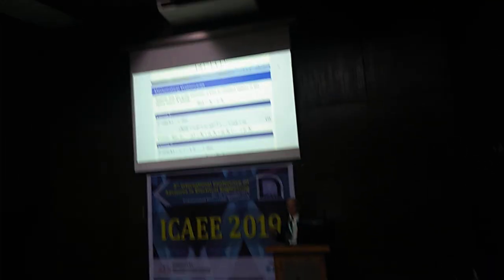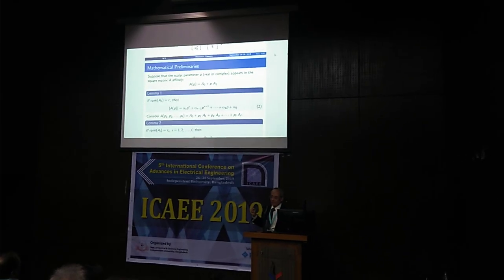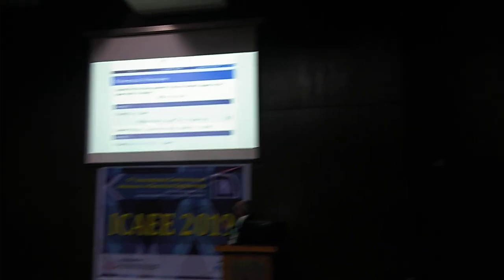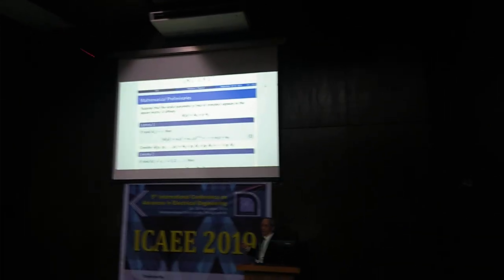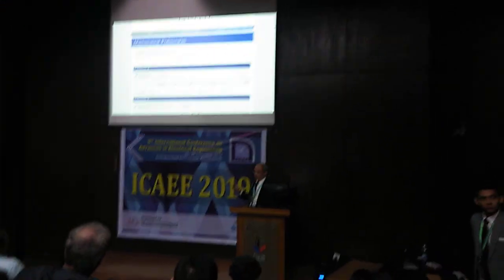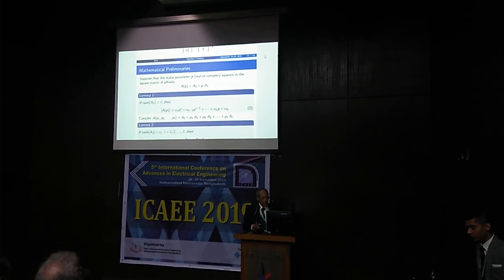Let's suppose rank of A1 is R. Then it will turn out that the determinant of A of P is a polynomial of degree at most R in P. Alright? If alpha R is different from 0, it will be a degree R polynomial. If it is 0, it will be less than R.